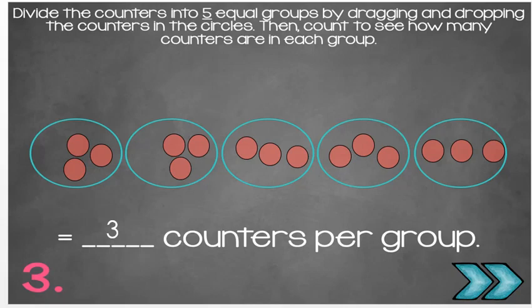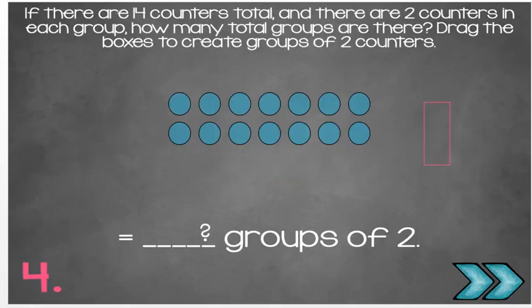Okay. We're going to do one more here. So if there are 14 counters total and there are 2 counters in each group, how many groups total? So here, all we need to do is move this. So each group is in 2.